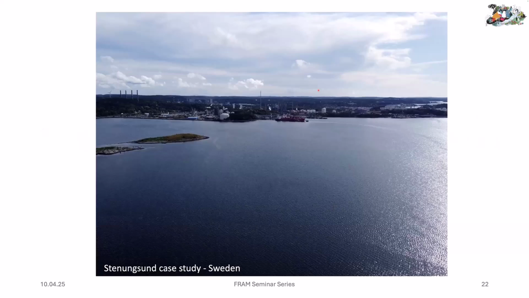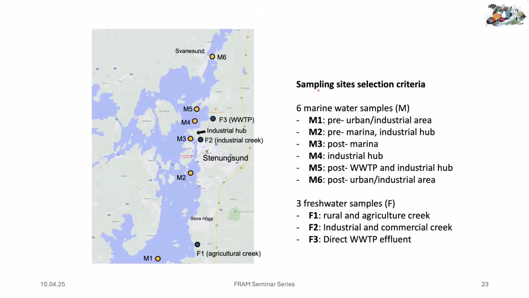But like I mentioned earlier, I would like to focus on some of the case studies that we have in Sweden. One of them is the Stenungsund case study, on the western coast of Sweden. There we had the possibility to take both marine and freshwater samples. Hopefully you can see in the figure that all our marine sites are labeled with M, from marine site M1 to M6, running across the fjord, trying to characterize the likely impact of the Stenungsund industrial hub.